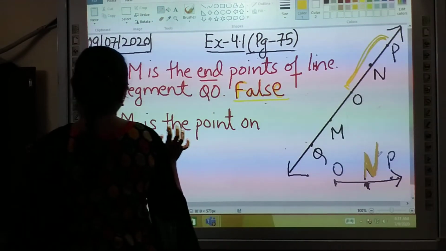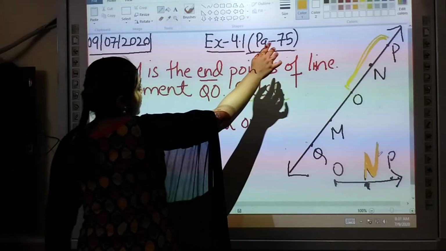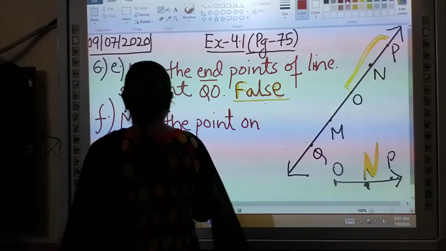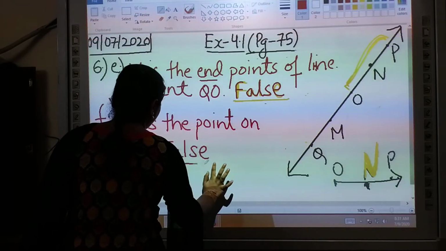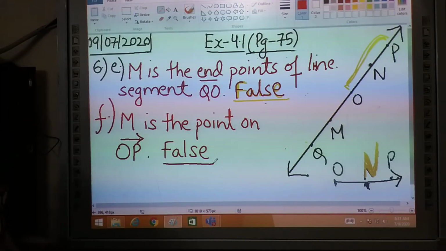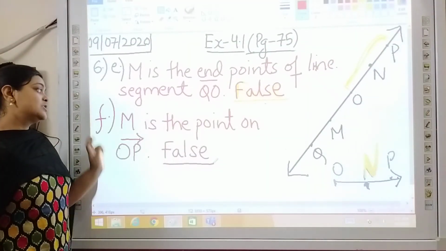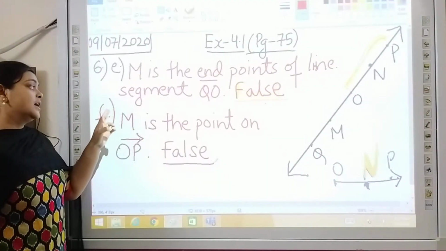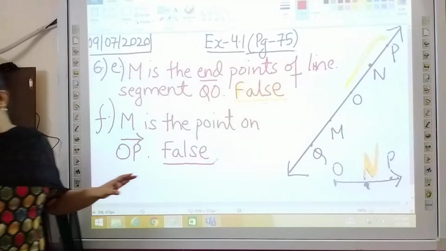M is not on ray OP. Rather point N is on OP. So the answer of this question is false.